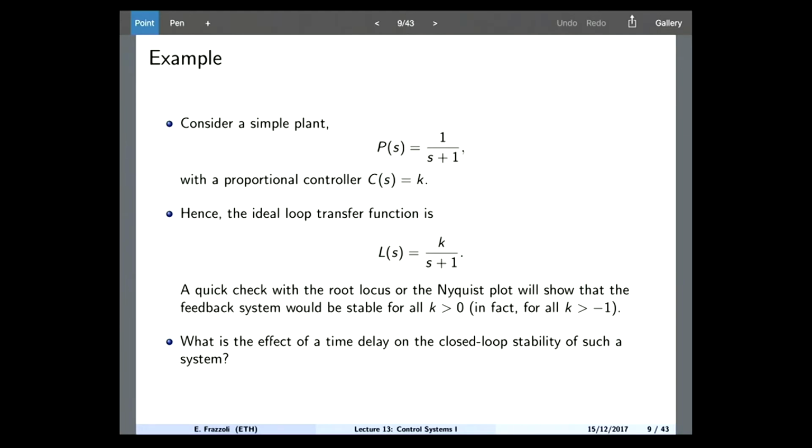What is the effect of this on your design? Consider a simple plant: a first order lag, 1 over s plus 1, just one stable real pole. Easy. The ideal transfer function, given a proportional controller k, is k over s plus 1. What does the root locus of this look like?